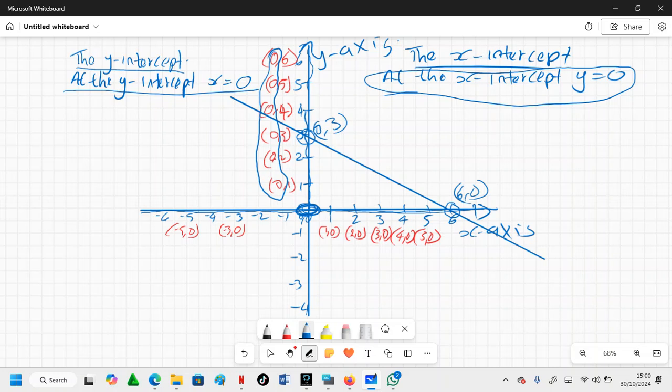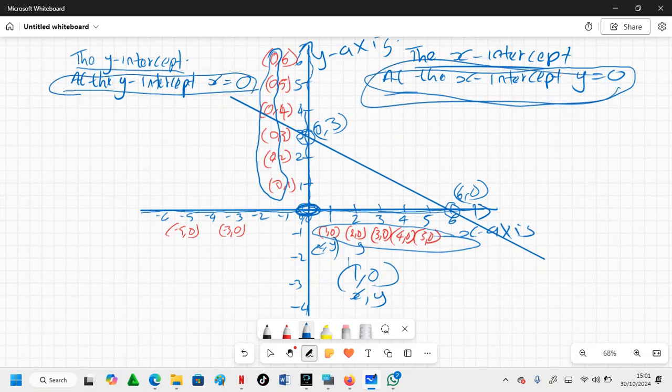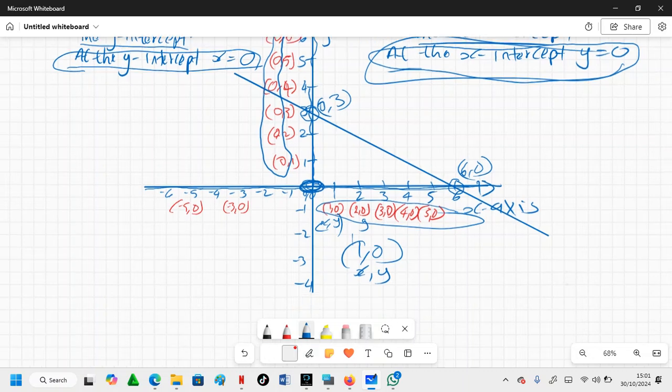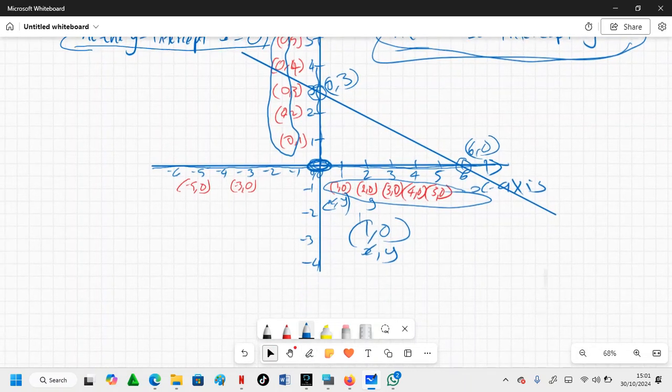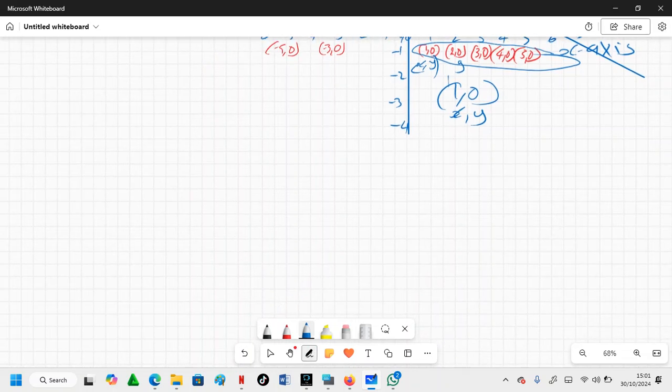Y is 0, because along the x-axis, the value of y is always 0. Remember when we write (1, 0), 1 is the value of x and 0 is the value of y. So this is a principle that you just need to remember: at the y-intercept, x is 0, and at the x-intercept, y is always 0.